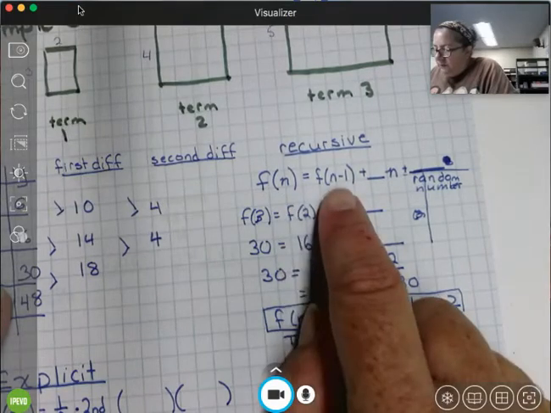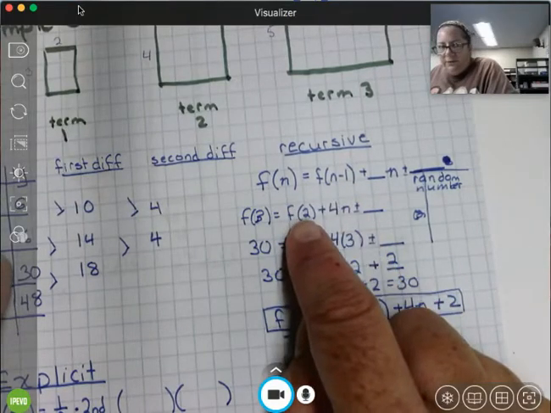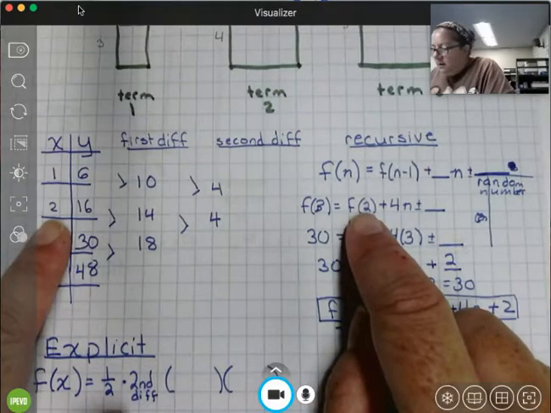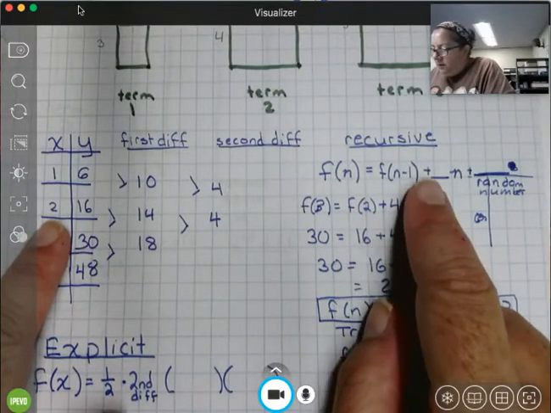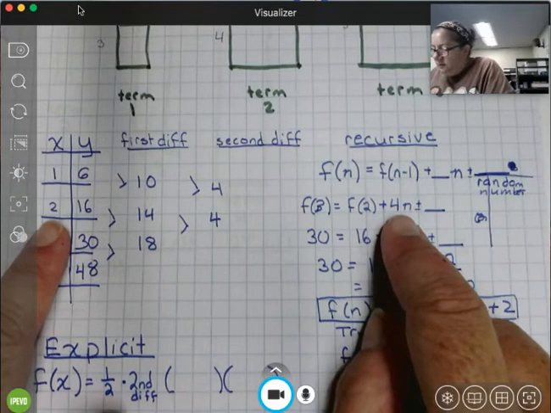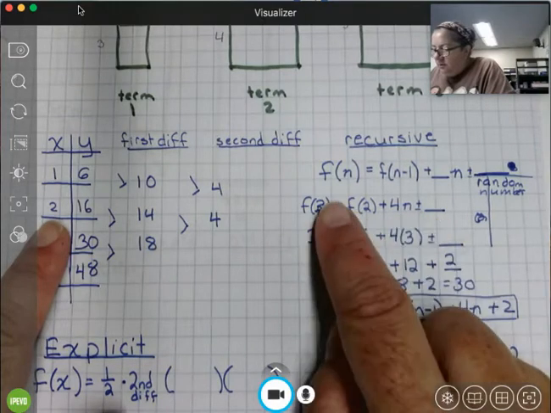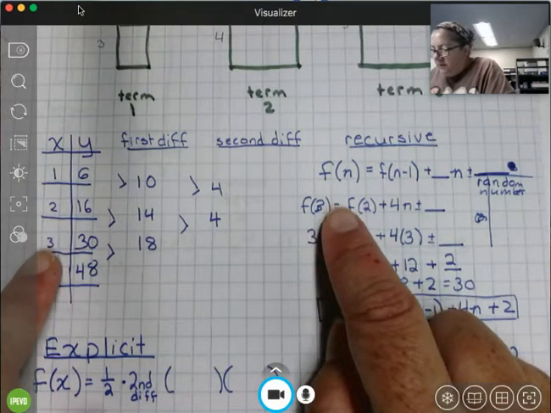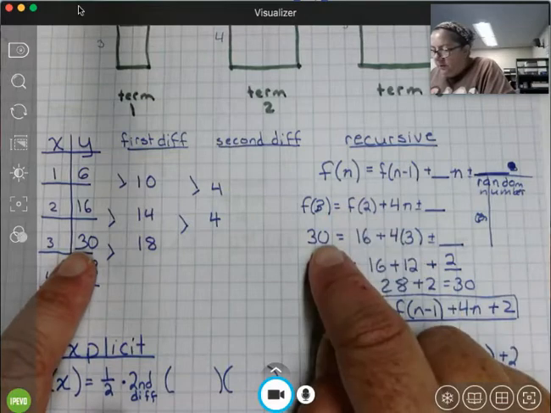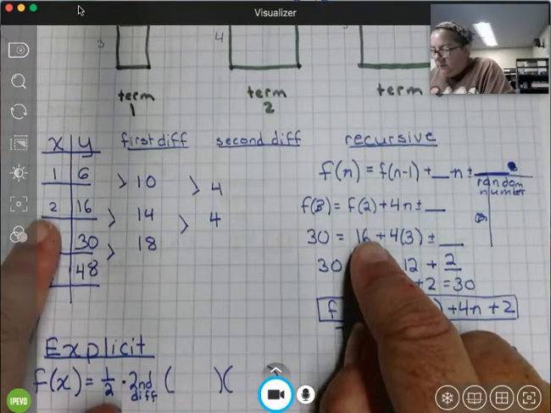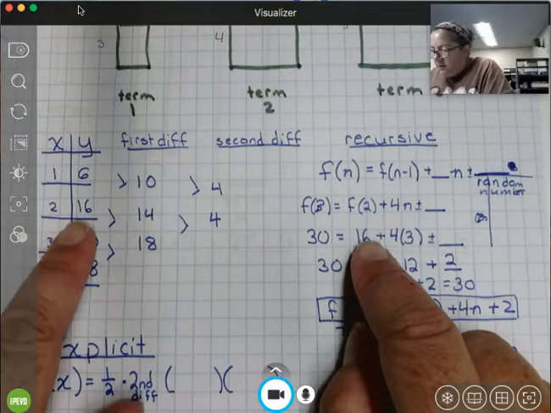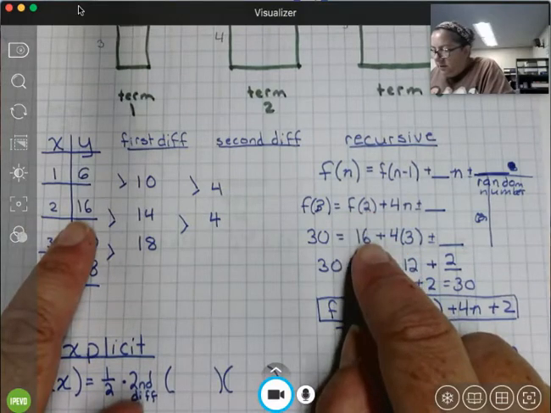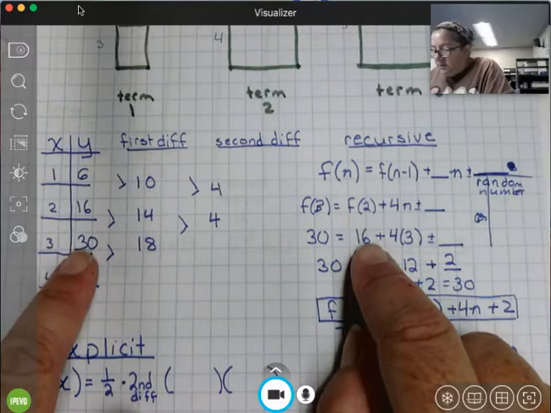So f of 3 minus 1, well, that's f of 2, and 4n, because 4 is the second difference, plus blank. So now I substitute. F of 3 is the number 30, because it's the answer that goes with 3. F of 2 is the number 16, because it's the number that goes with 2, and it's also the previous answer.